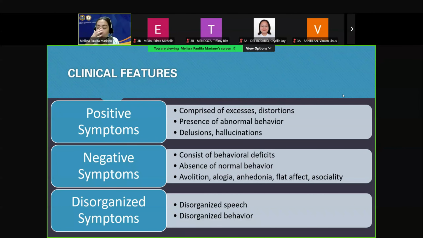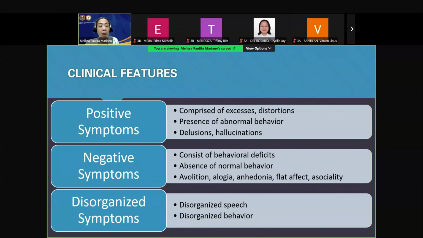So the presence of abnormal behavior or the presence of symptoms that are not present in an ordinary person without schizophrenia. And these are going to be delusions, fixed false beliefs, and hallucinations, sensory experiences in the absence of any stimuli.